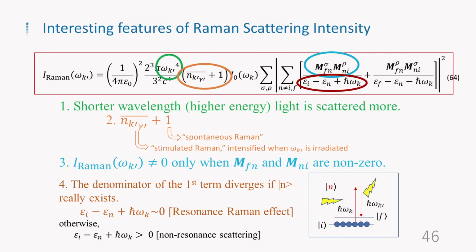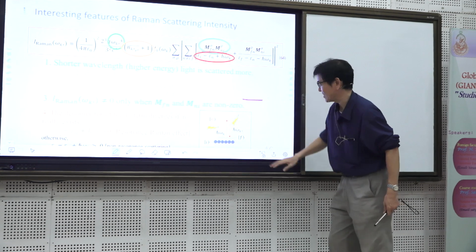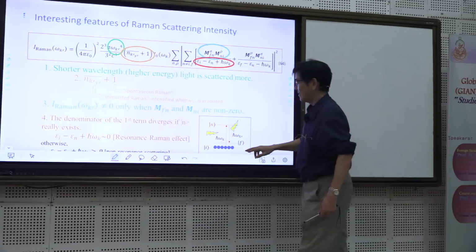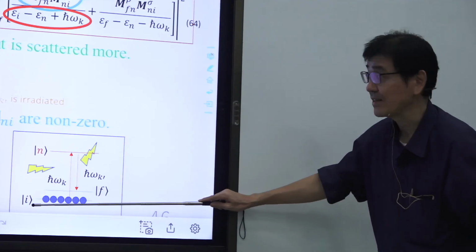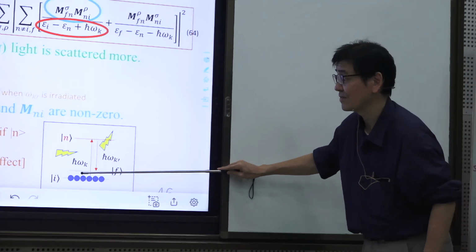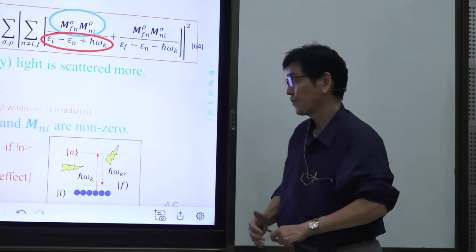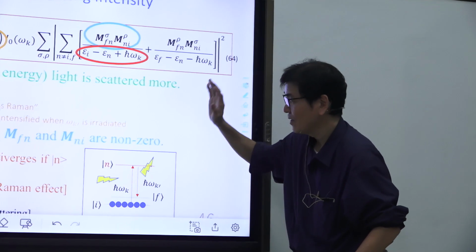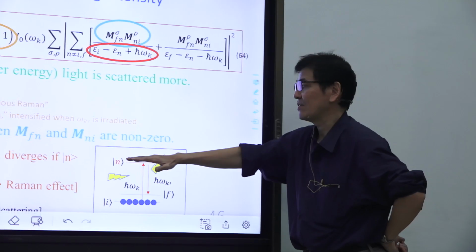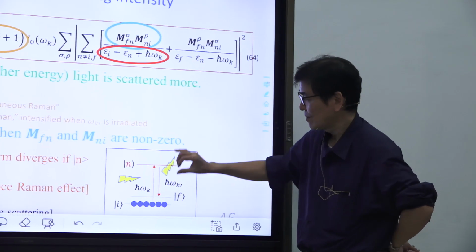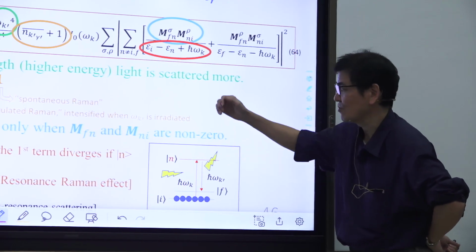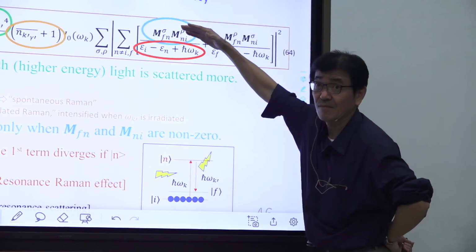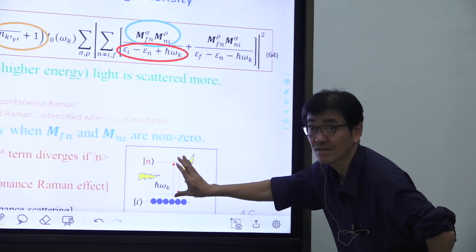So, virtual and real intermediate state. We consider that the molecule is in the initial state, passes through the intermediate state, and goes to the final state. When we call the intermediate state virtual, then we are thinking about the contribution from all the electronic states that are far from the excitation energy.